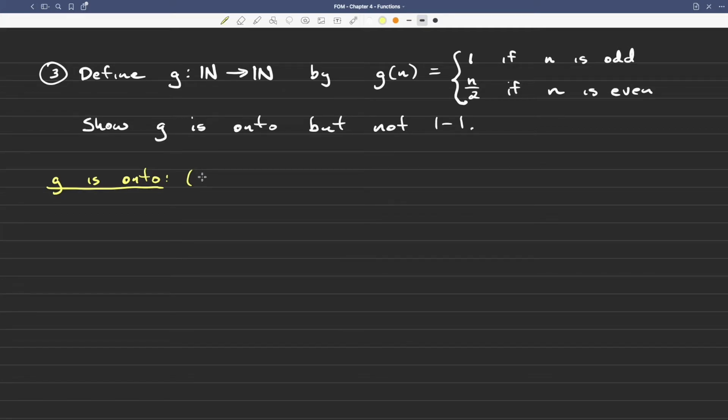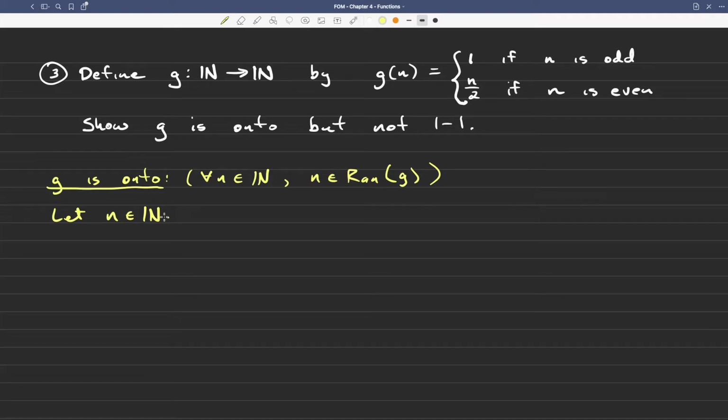So we want to show that for every n in the natural numbers, n is also an element of the range of g. So you'd start your proof by letting n be some arbitrary element of the natural numbers, and then you want to figure out why it's in the range, and that means you need to come up with something in the domain that when you put it into the function, you get back that arbitrary n.